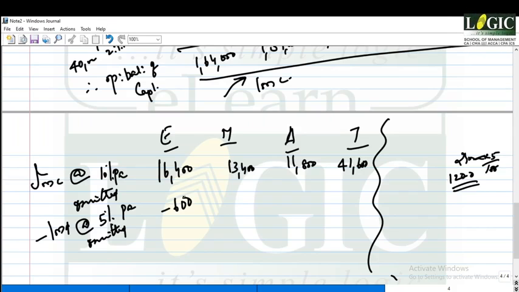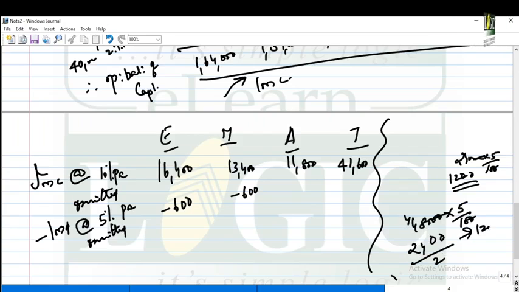The next person, it will be 600 because he also withdrew 24,000, and the last person withdrew 48,000. Upon that, at 5% with the period of withdrawal not specified, 2,400 by 2 is 1,200. So totally 2,400.